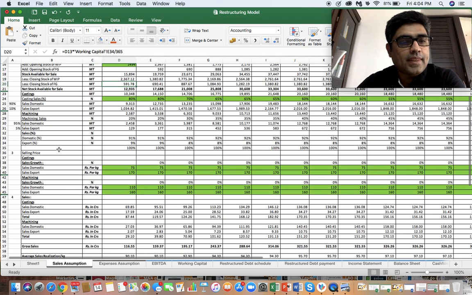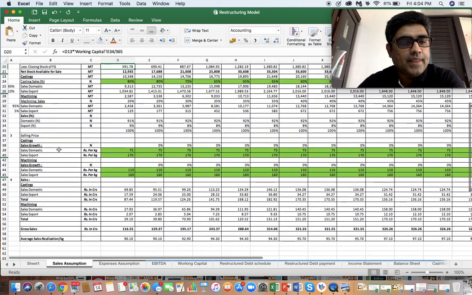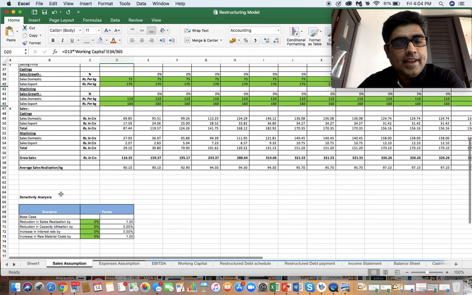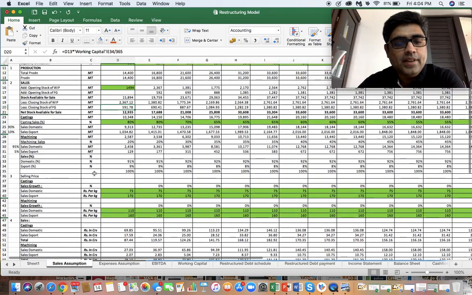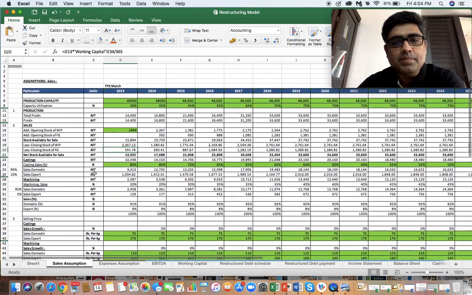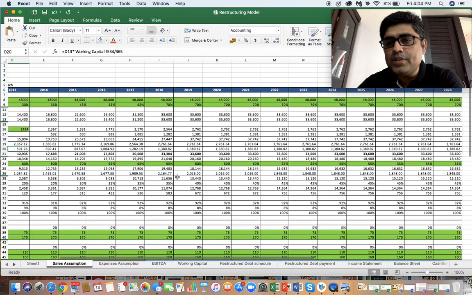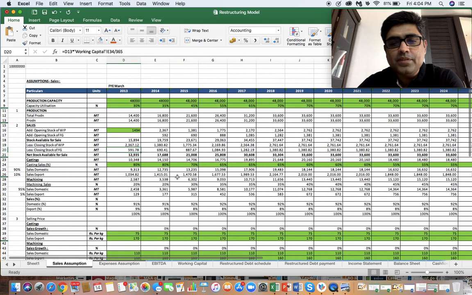So these are the different set of assumptions which are being taken in this sheet, and a small sensitivity analysis structure is also built into it, right? So this is a typical sales assumption sheet, which goes into many years, as you get to see.